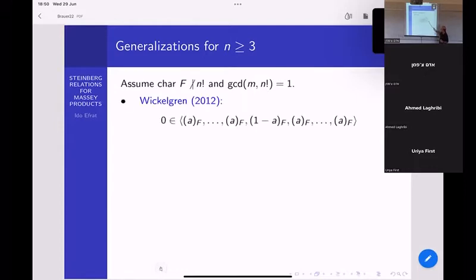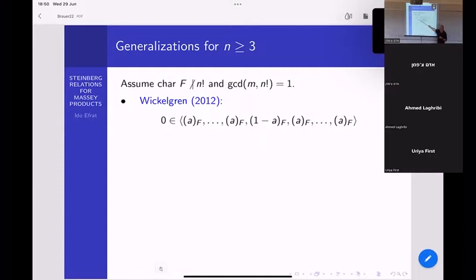Okay, the first result in this direction is due to Kirsten Wickelgren from a decade ago. She considered this massive product. So all elements here are the Kummer elements of A, and at exactly one point you have the Kummer element of 1 minus A. And she proved that this contains 0.